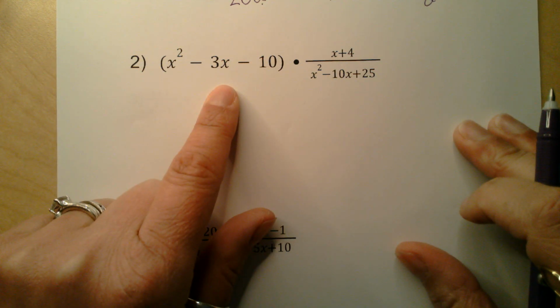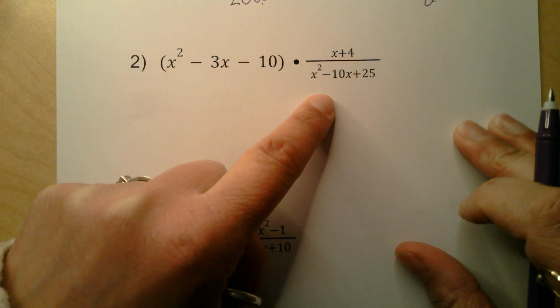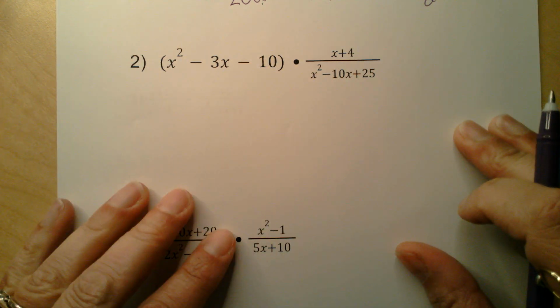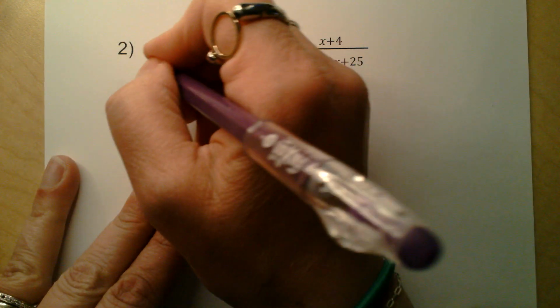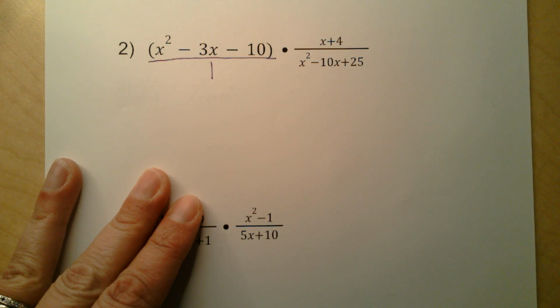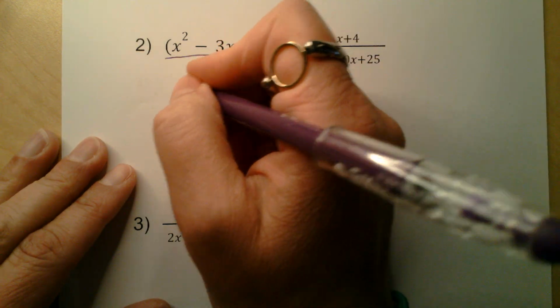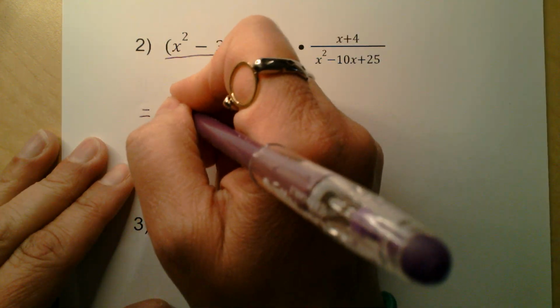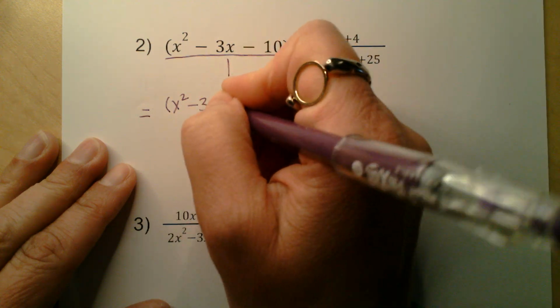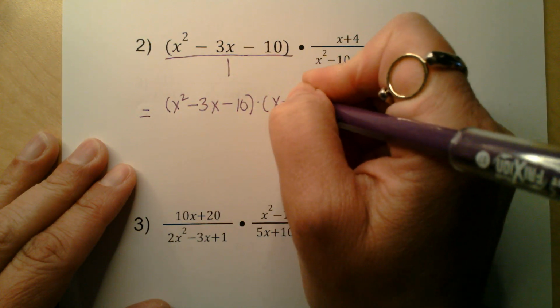All right, we have x squared minus 3x minus 10 times x to the fourth divided by x squared minus 10x plus 25. First, let's put this over 1. This was not in a fraction, so let's put it over 1, because what I want to do is bring everything together. And so here I'm just going to do x squared minus 3x minus 10 times x to the fourth.